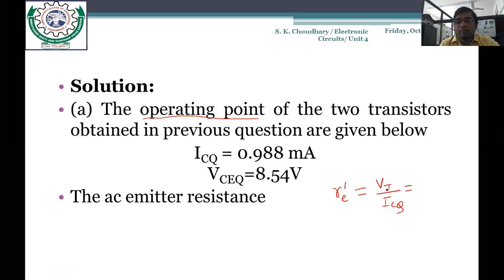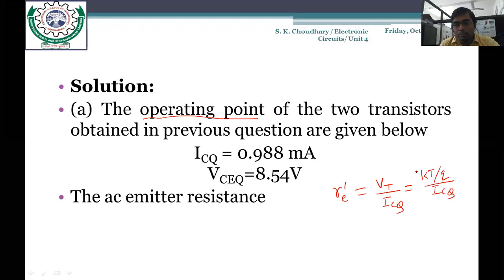VT is the temperature dependent voltage, which is calculated from the formula KT upon Q. KT, K is the Boltzmann constant, T is the temperature in Kelvin, and Q is the electronic charge.